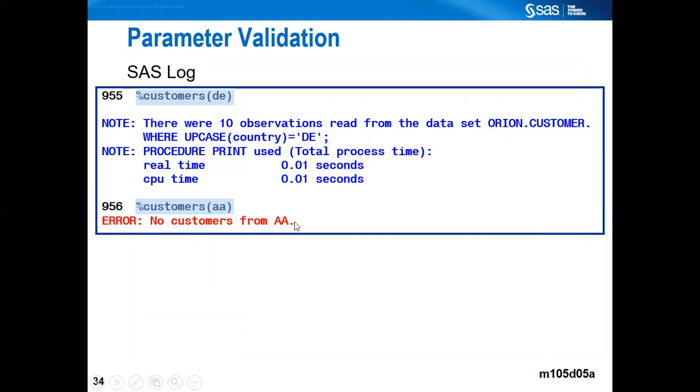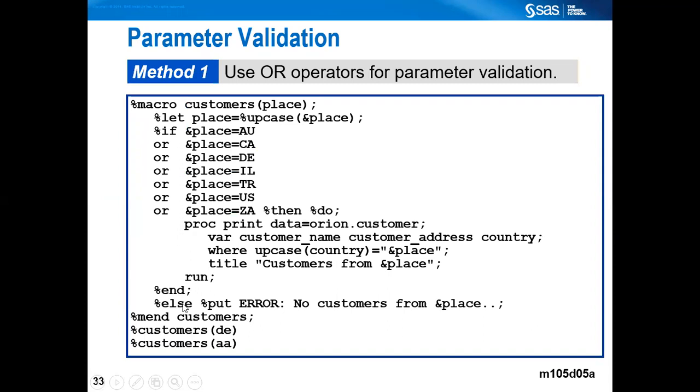Now, why are you getting this? It's because you have given this criteria to write an error message into the log. Now, we know ERROR is a keyword and most of the time it comes in uppercase along with a colon. So you write it as it is because it's a manual statement which you are typing, and you are telling no customers from ampersand place.